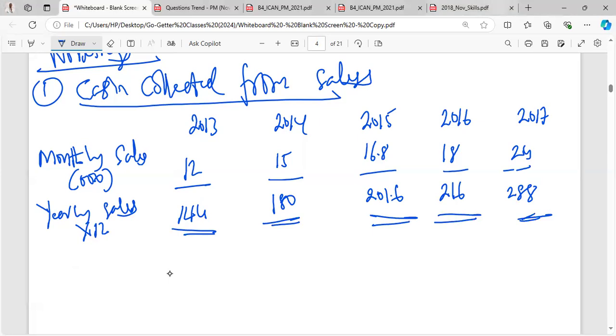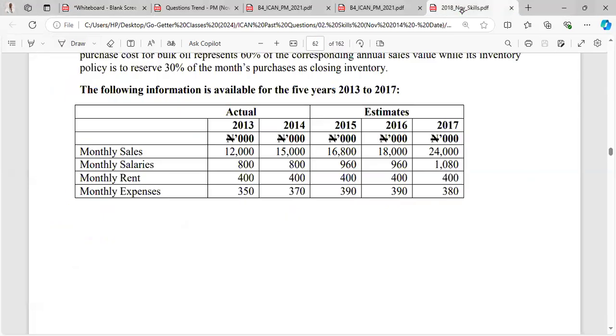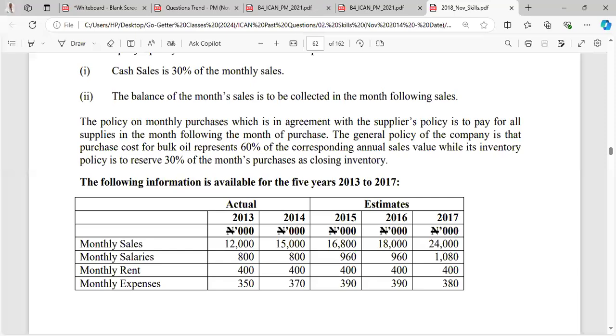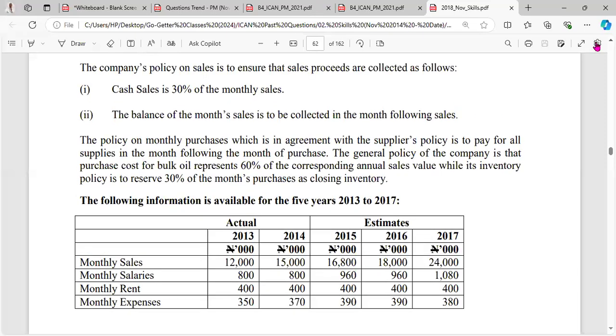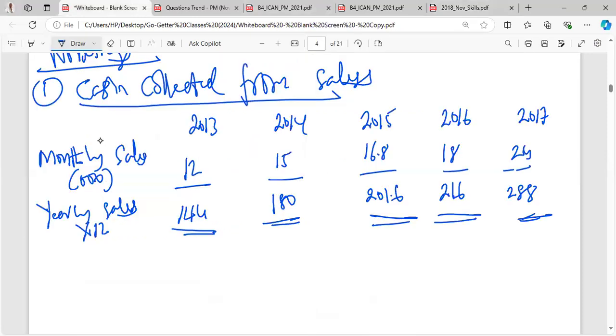So what happened here? We are told here that cash sales is 30% monthly. So now let's look at what is cash sales here. So I can say here, cash sales. Now that's 30%.